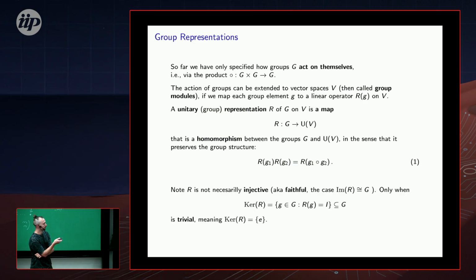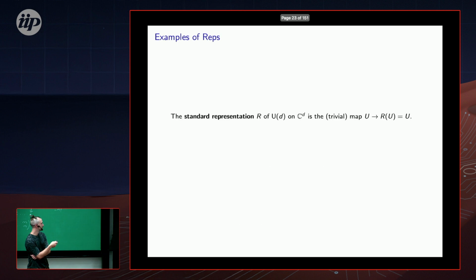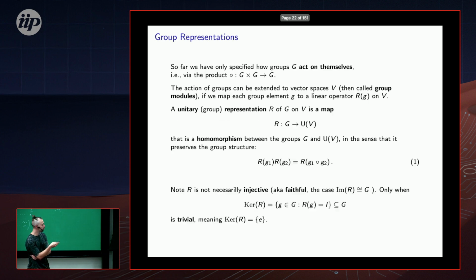In fact, there's a maximally non-injective, maximally non-faithful representation every group has, that is called the trivial representation. This representation is one-dimensional, and the whole group gets mapped to the number 1, essentially, the 1-by-1 identity matrix.